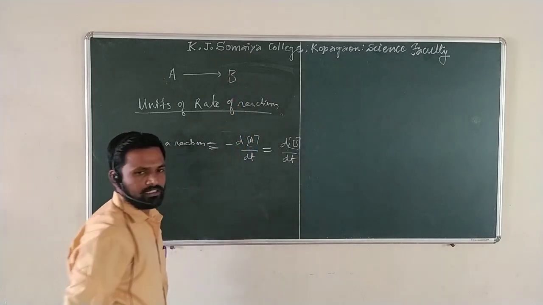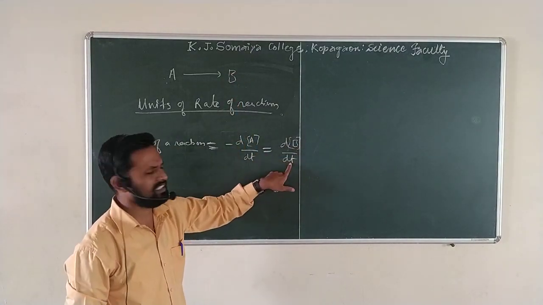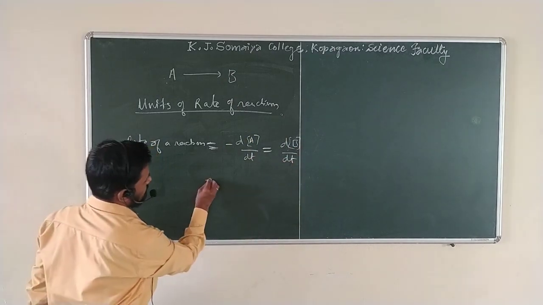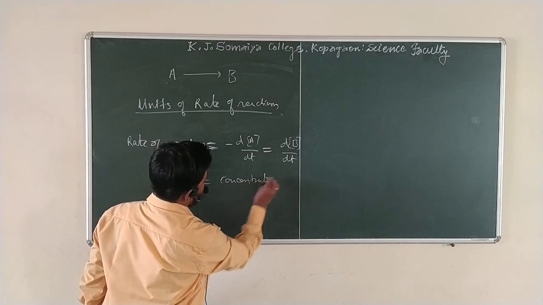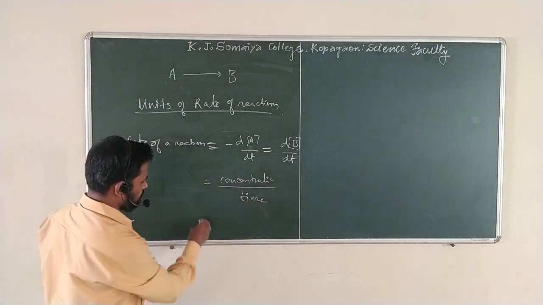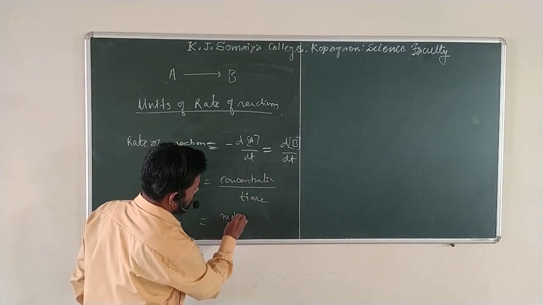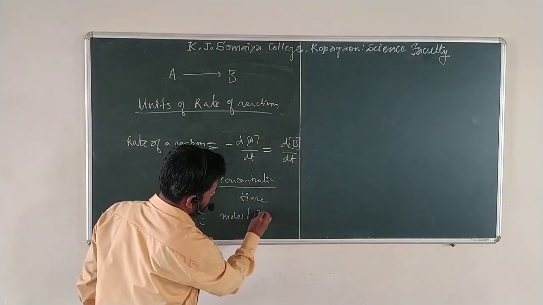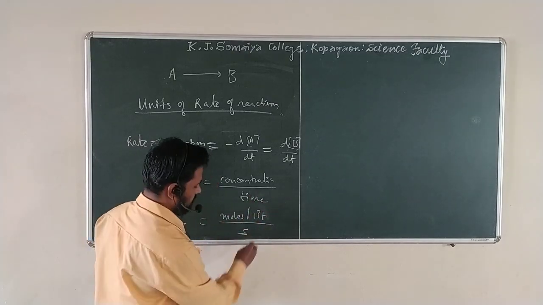So what will be the units? Now we can observe what this is. This is the concentration and this will be the time. So it can be written as concentration upon time. Simply, concentration can be expressed in moles per liter, and generally time in SI units we can expect seconds.